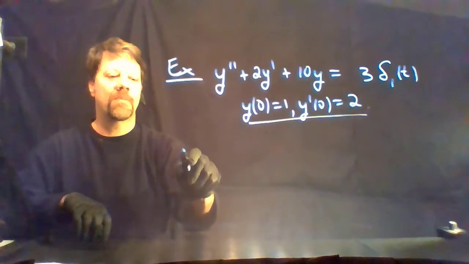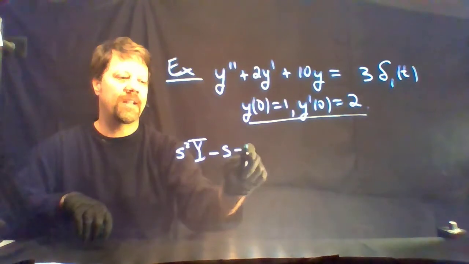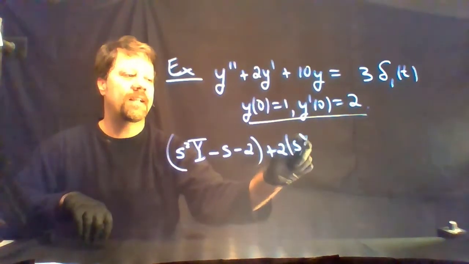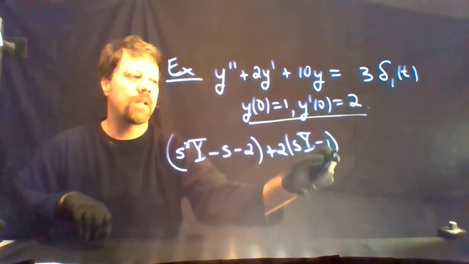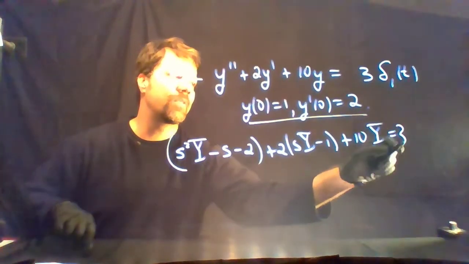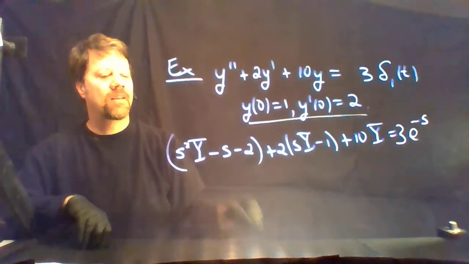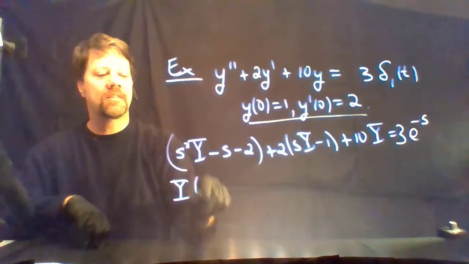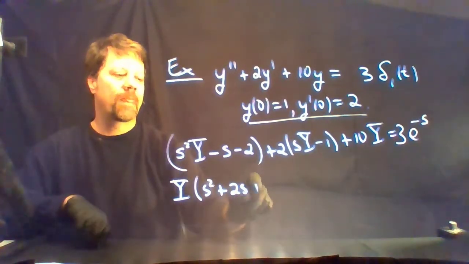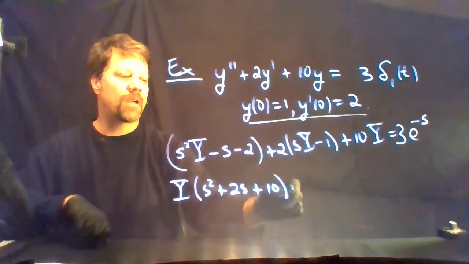Taking the Laplace transform of each side, we get s squared Y minus s minus 2 plus 2 times sY minus 1 plus 10 times Y equals 3 e to the minus 1s. We collect all the Y's together. We have a coefficient of s squared plus 2s plus 10. We have an s here which needs to be brought to the other side.